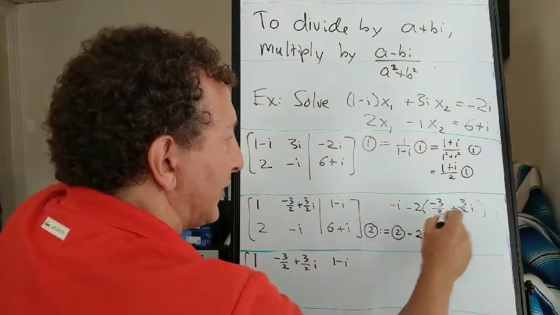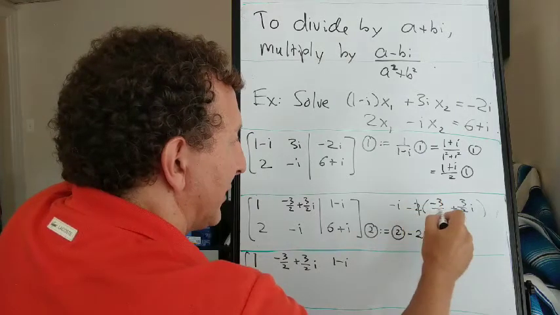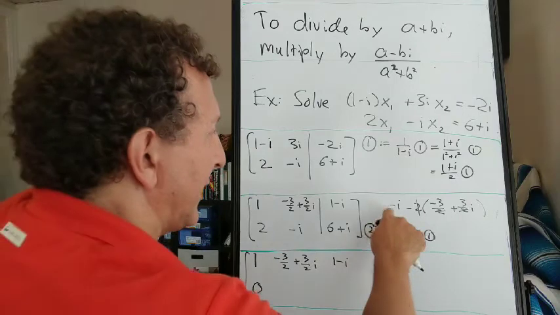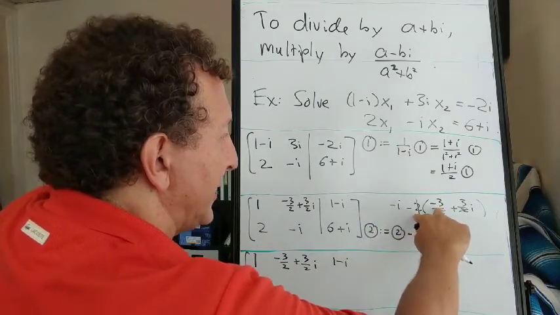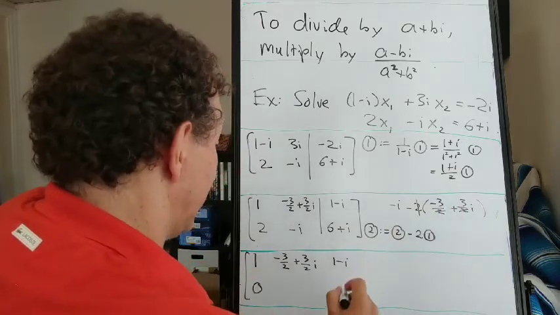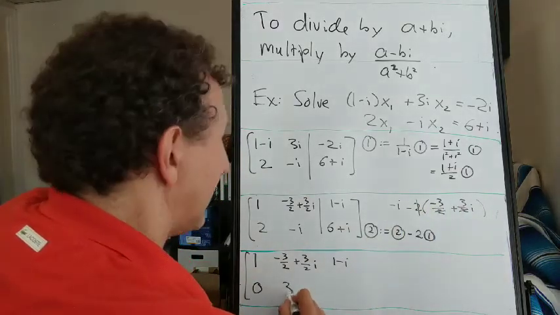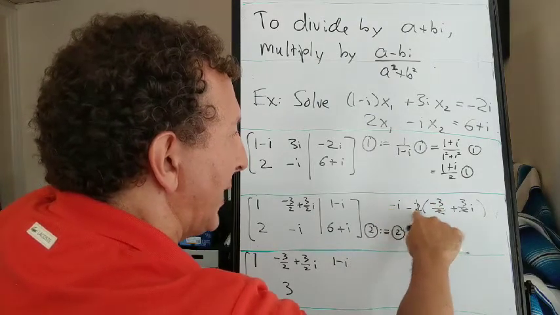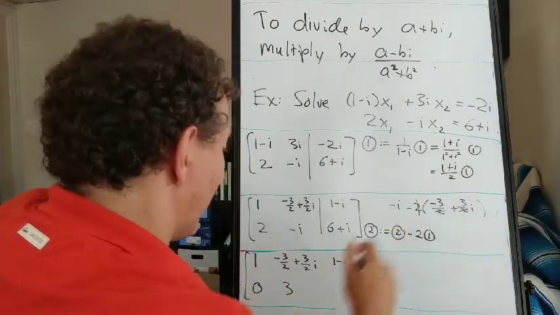This 2 cancels the 2's in the denominator, so we can get rid of that. So we've got negative i plus 3 minus 3i. So the real part is plus 3. The imaginary part is negative i minus 3i, so minus 4i altogether.